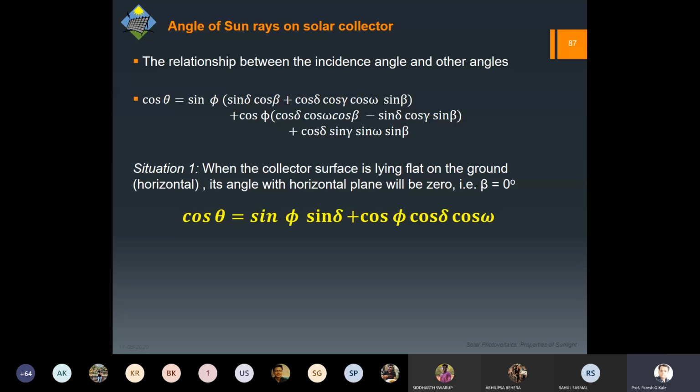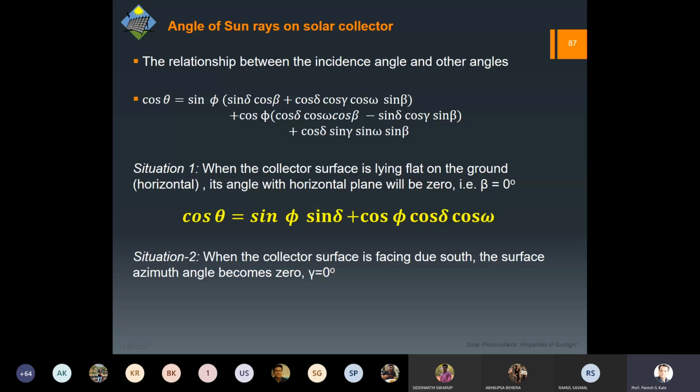And as we have to fix the position, definitely this has to be due south, and then we know that the sun variation will be from east to west. So that symmetry we can use around our angle.